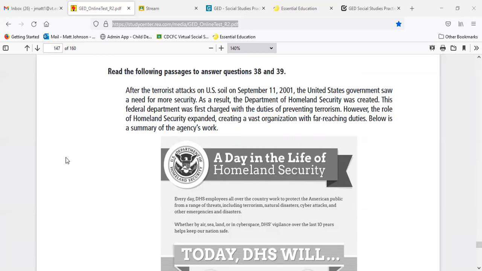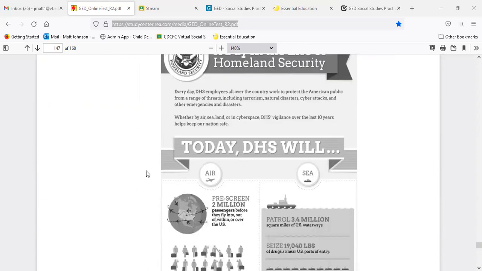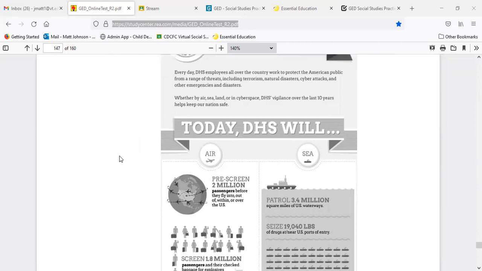Below is a summary of the agency's work. So it says that every day DHS employees all over the country work to protect the American public from a range of threats, including terrorism, natural disasters, cyber attacks, and other emergencies and disasters. Whether by air, sea, land, or in cyberspace, DHS vigilance over the last 10 years helps keep our nation safe.